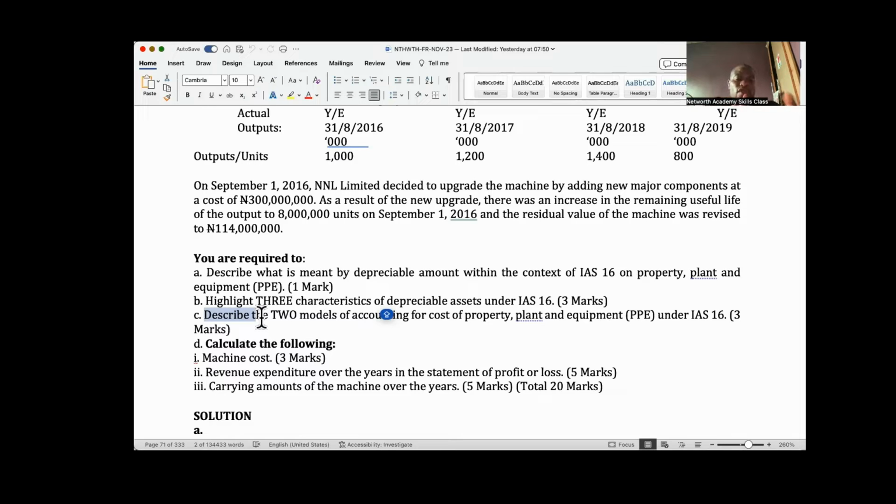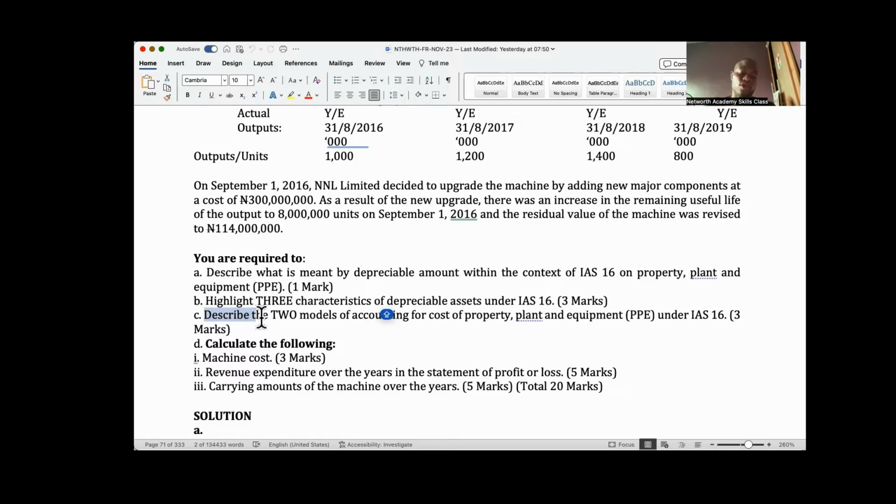That is why for the revaluation model it is always the fair value or the revalued amount minus subsequent accumulated depreciation, because we only take cognizance of depreciation going forward, then minus accumulated impairment losses. And that's it.